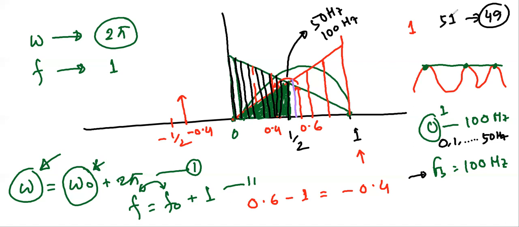Now, practically, what is the problem then? Number one, you can't retrieve your 51 hertz anywhere. You actually lose your 51 hertz, because 51 hertz has already been converted to 49 hertz. So that is the first problem. You lose 51, and similarly you lose 52, 53, 54, 55.